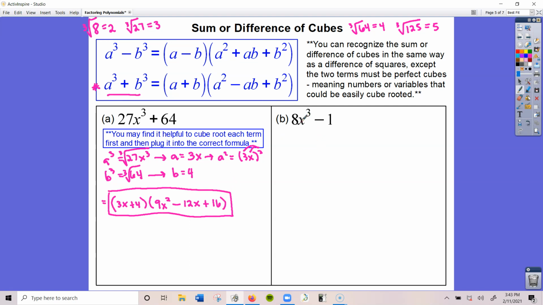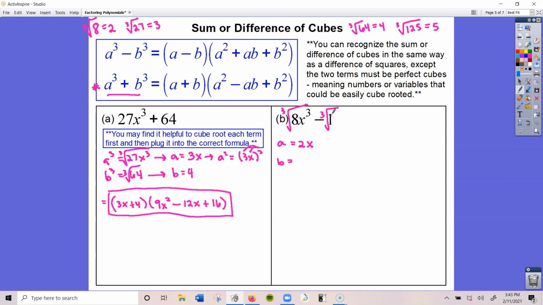Now for 8x cubed minus 1. So this is a cubed and this is b cubed. So I would have to cube root both of these terms to figure out what is a and what is b. The cube root of 8, as I said before, is 2, and x cubed, the cube root of x cubed, the exponents would just cancel, so x.